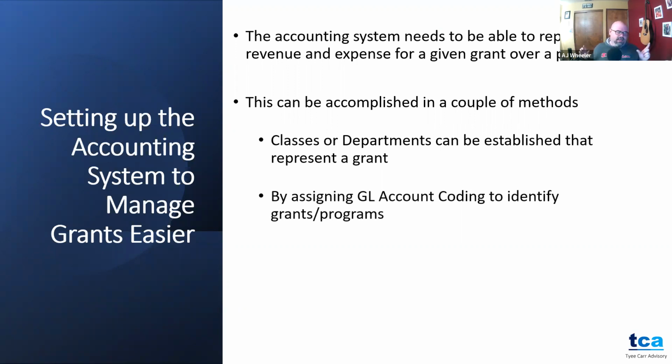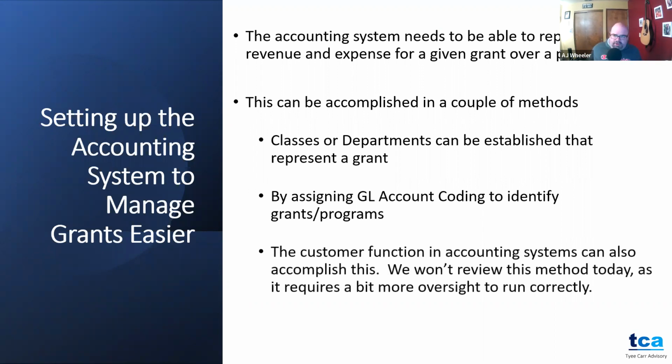It's usually a leading or ending 3-digit or 4-digit series, could be 5 or 6 I've seen. That really allows people to pull grant reports with those trailing or beginning numbers that show expenses related to just that GL coding. And I have an example of this. The last one that I've seen is a customer function.